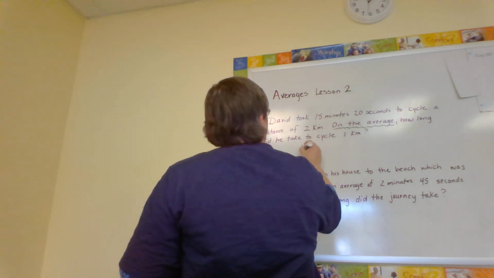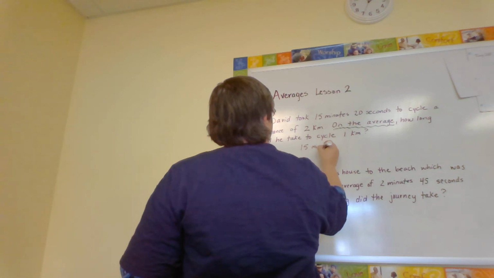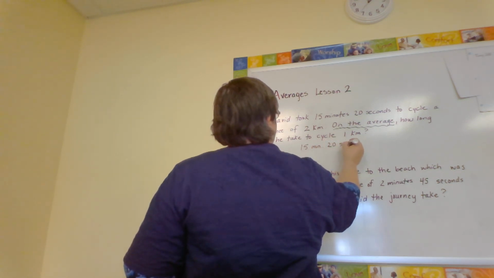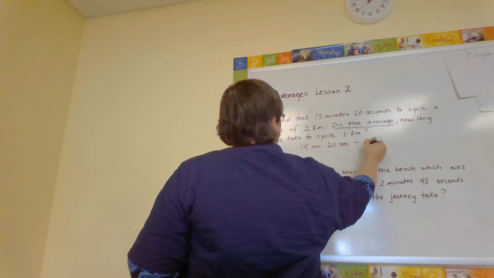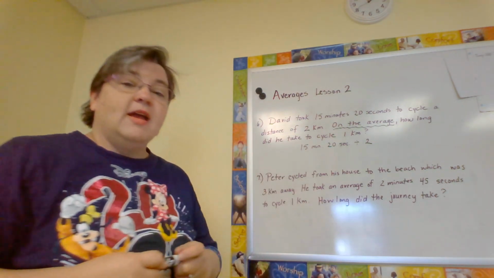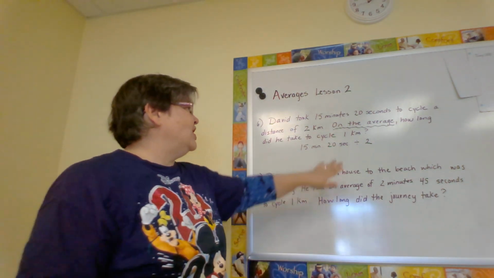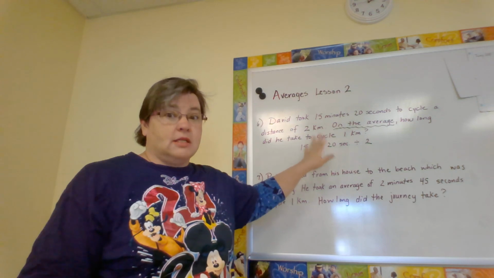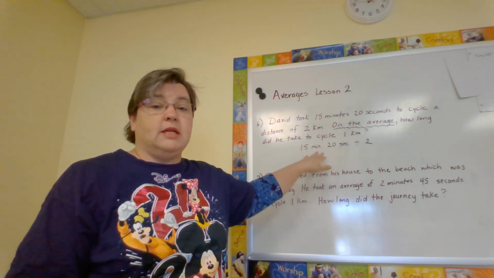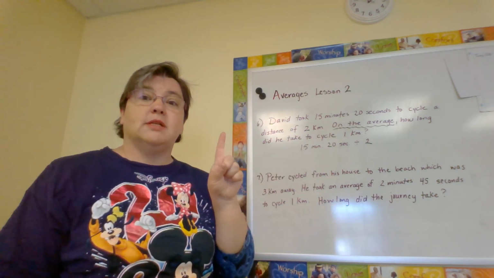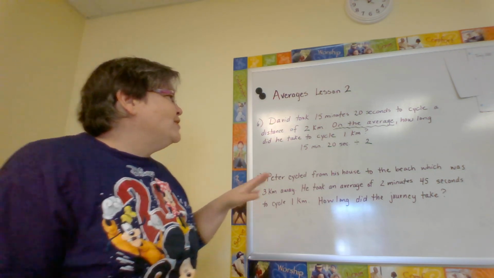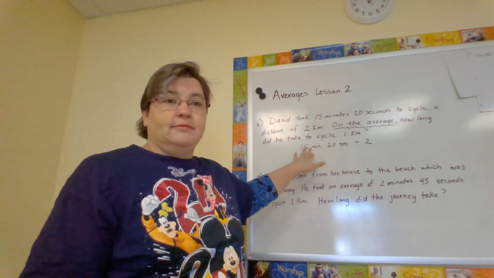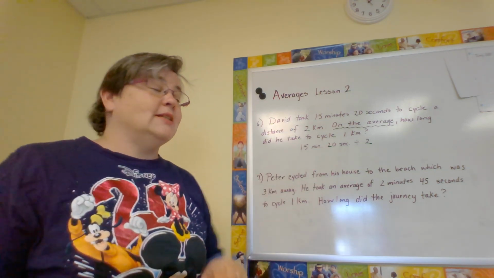So I have 15 minutes, 20 seconds divided by 2. Okay, the first thing I'm going to do is change everything to seconds, because that's going to make it easier for me to just do one division problem, because, hey, lazy. So how many seconds are in a minute? 60, right.